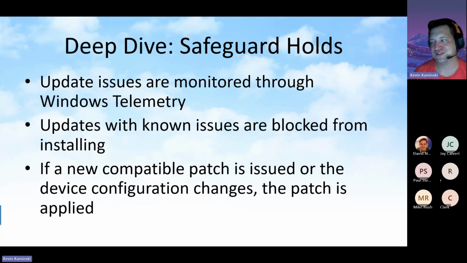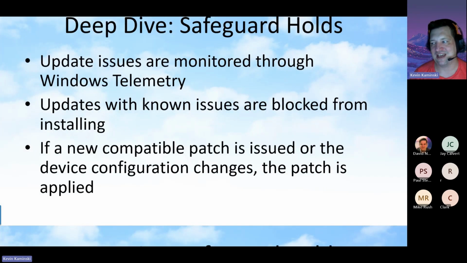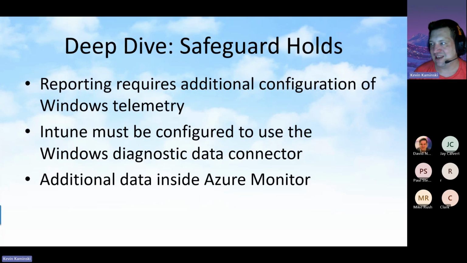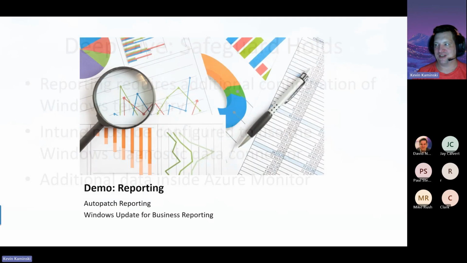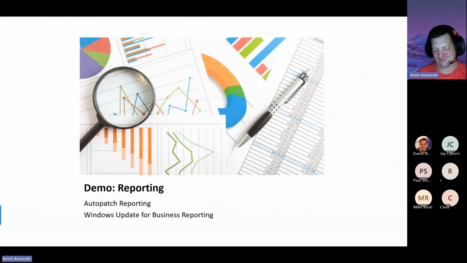The safeguard holds are a way of unearthing that intelligence. It requires some additional configuration of telemetry, but once you have telemetry configured and the Intune diagnostics connector connected, you have data in Intune as well as additional data in Azure Monitor that you can leverage to report on the patch compliance in your environment.